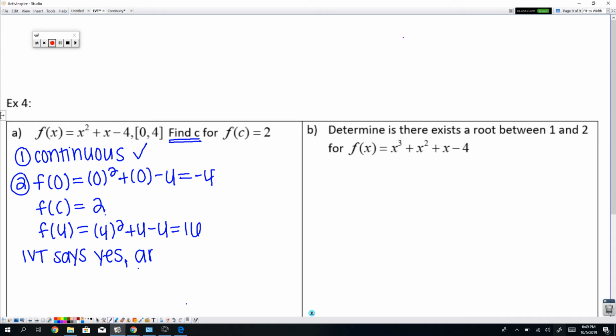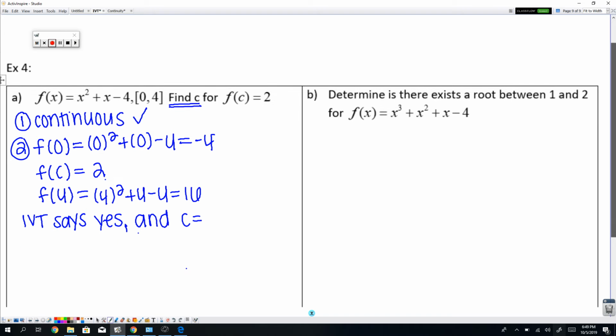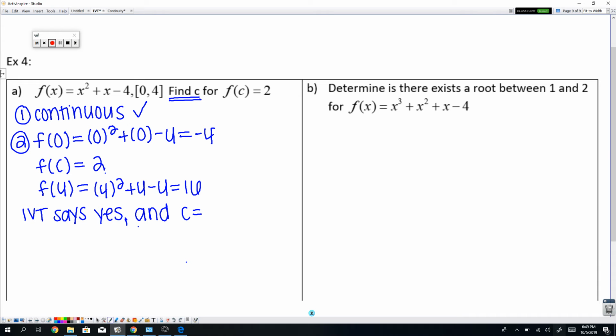And C equals, and in order to find that, what you're going to do is set this equation equal to 2. So we're going to do 2 equals x squared plus x minus 4. 0 equals x squared plus x minus 6, which gives us x plus 3, x minus 2.